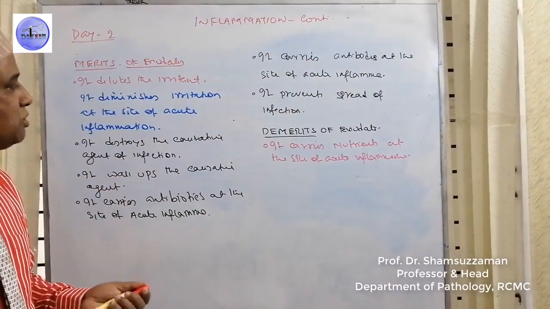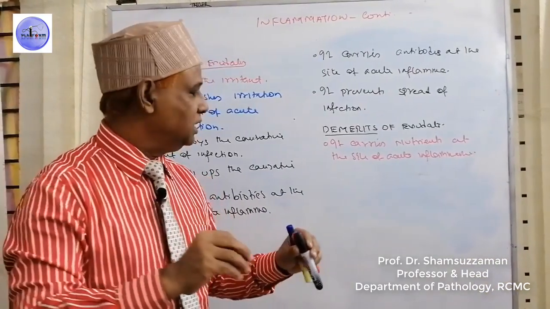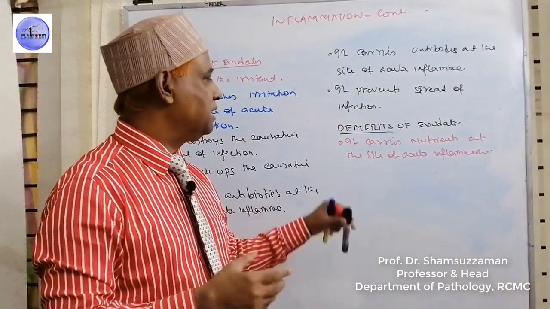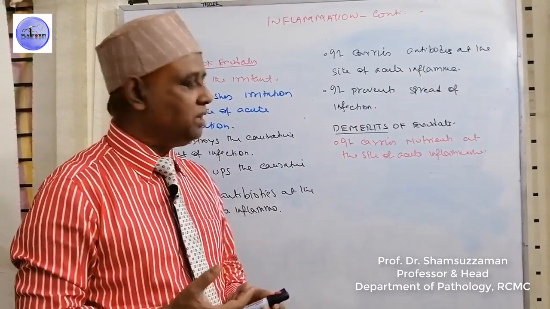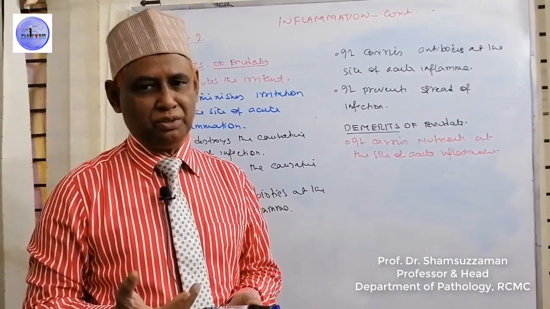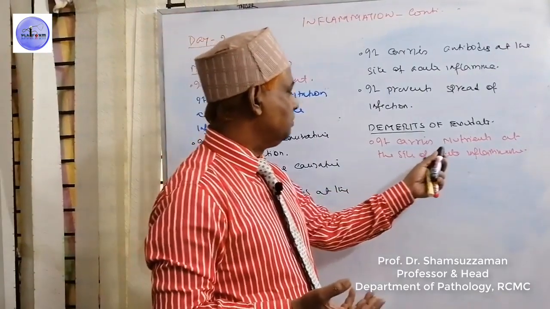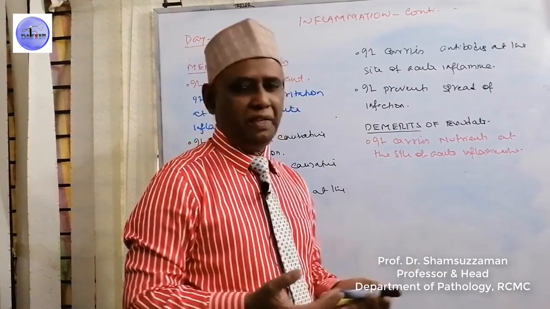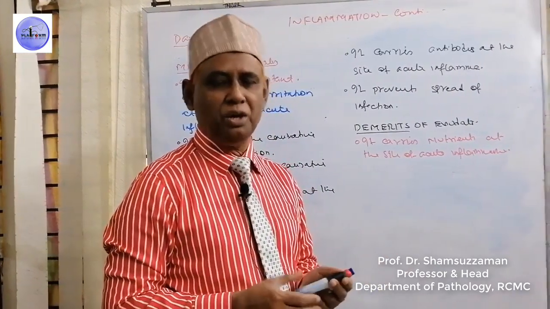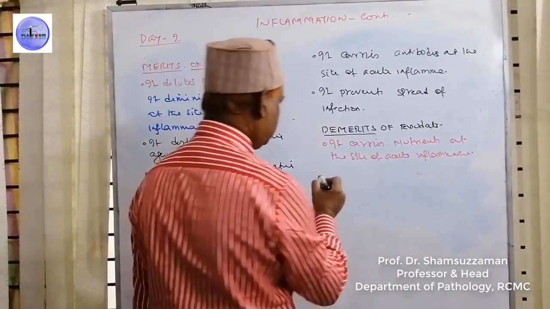As it carries nutrients at the site of acute inflammation, if there is infection, the causative agent will get nutrients from the exudates, and there will be enhancement of infection, enhancement of inflammation. So this is a demerit.